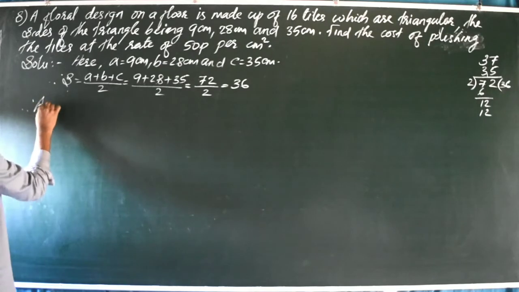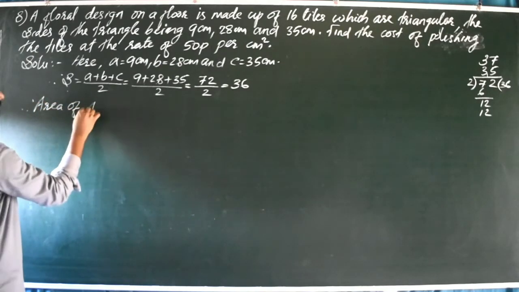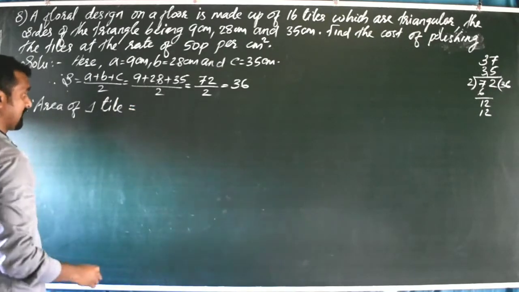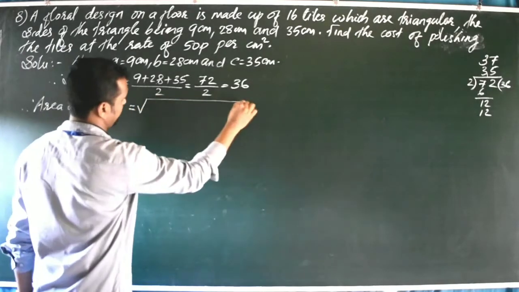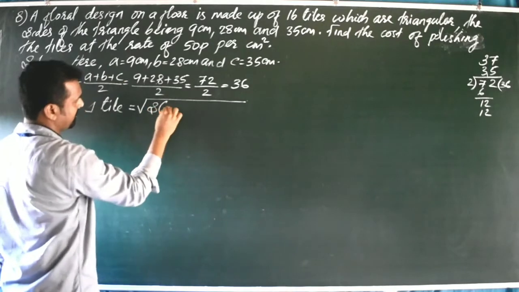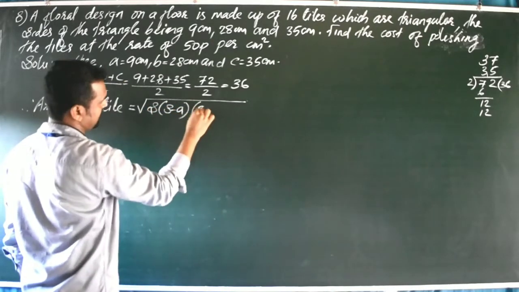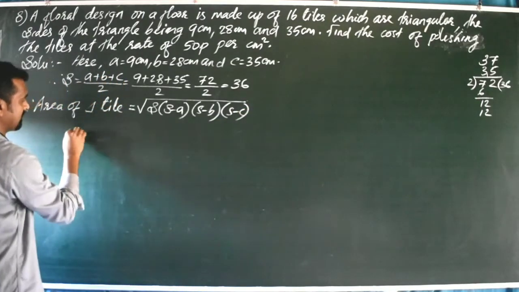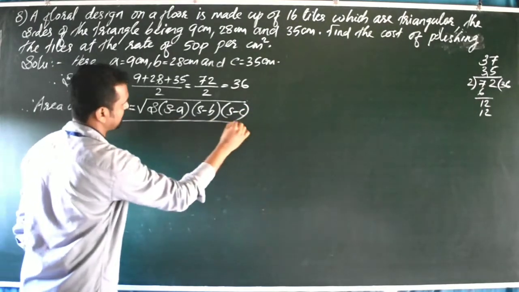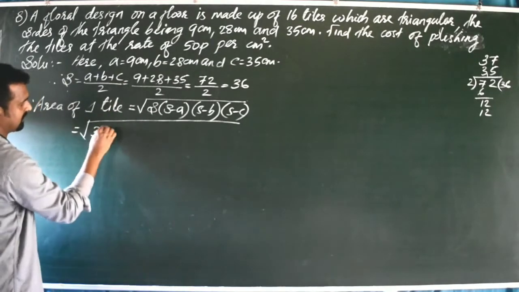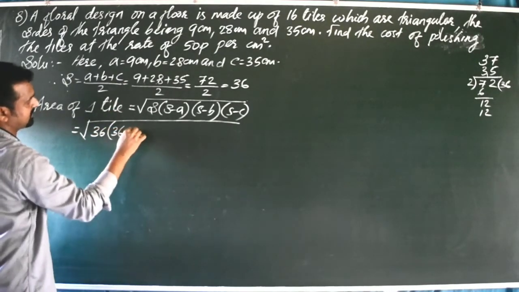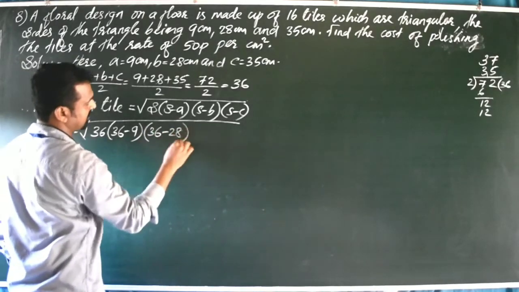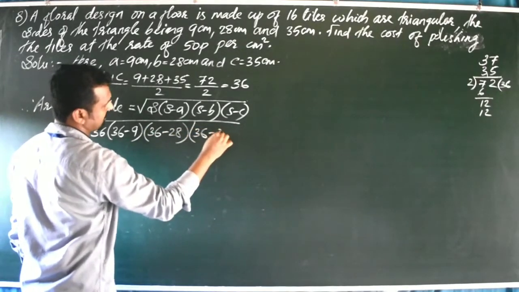Therefore area of one tile, we will find out first. Area of one tile is equal to, we have to use Heron's formula, square root of S into S minus A into S minus B into S minus C. Then that is equal to square root of, substituting values, S is 36 into 36 minus 9 into 36 minus 28 into 36 minus 35.